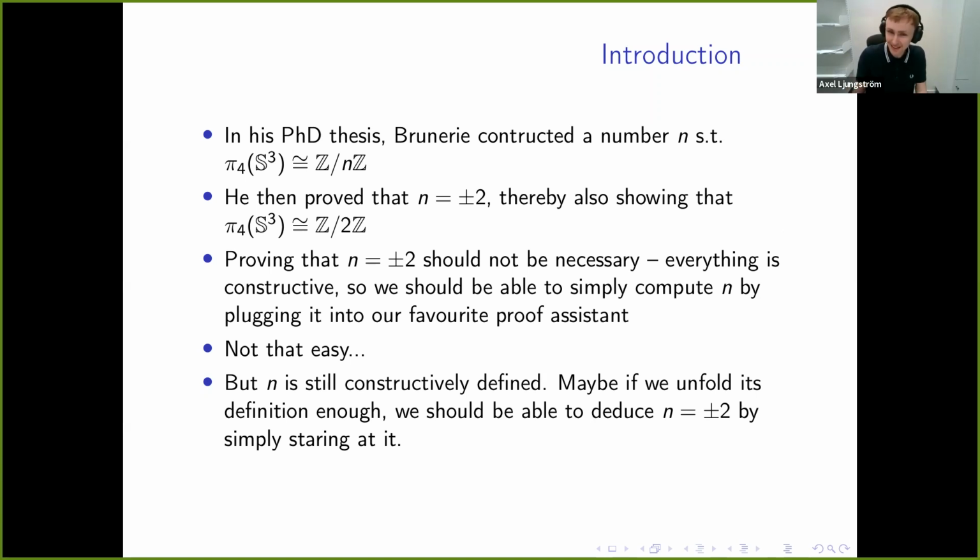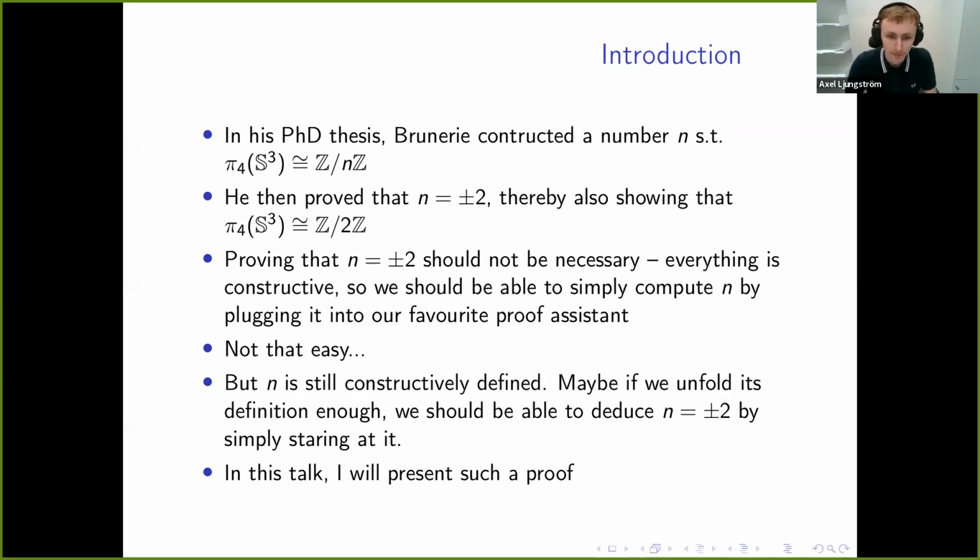We get first-class access to the objects that we define. So I wanted to construct a proof by staring, essentially. Today I'm going to present such a proof, a very direct proof of why n is equal to plus or minus 2.